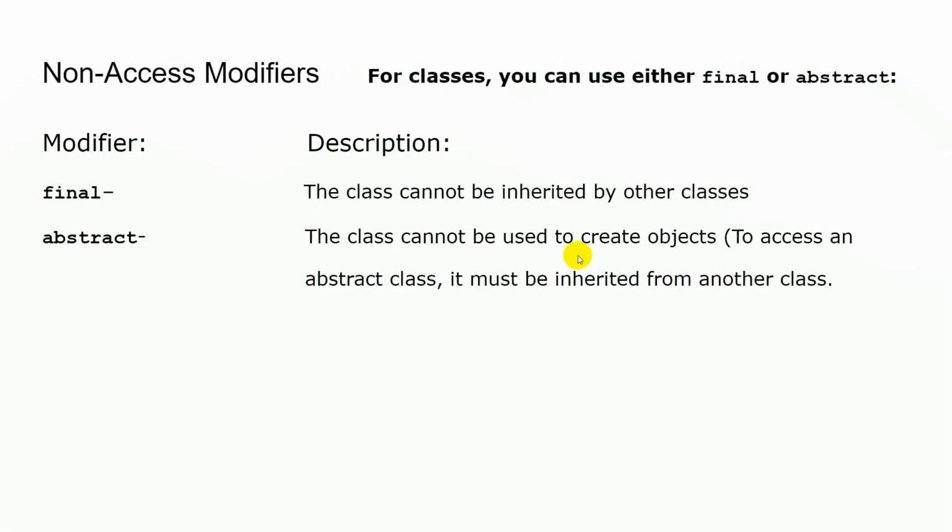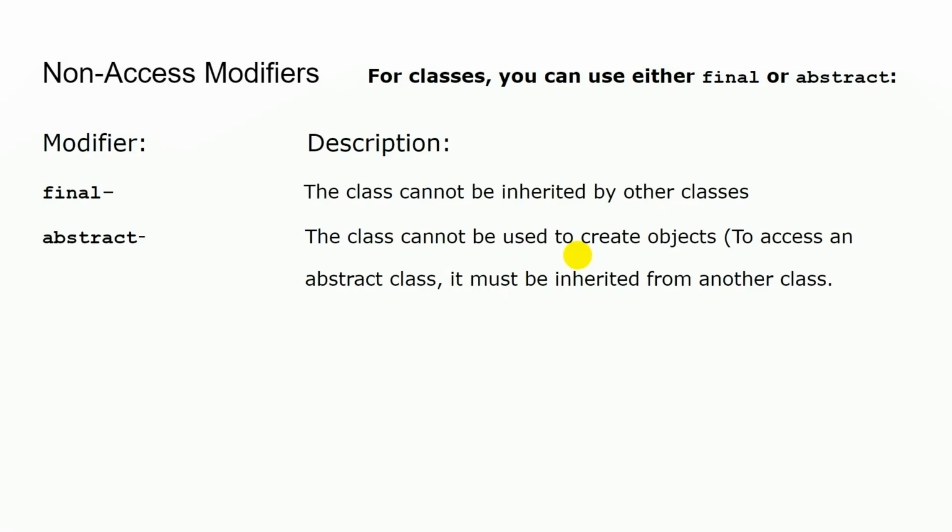I have told you about access modifiers, now it's time to talk about the non-access modifiers. For classes, you can use either final or abstract as a non-access modifier. The modifier final, when used on a class, means it cannot be inherited by other classes.